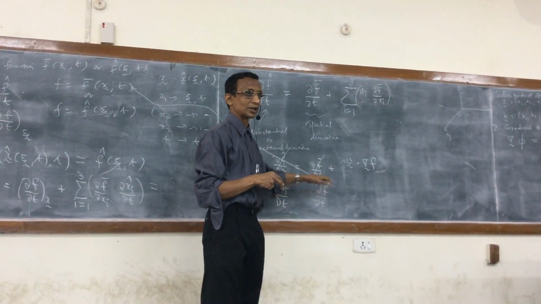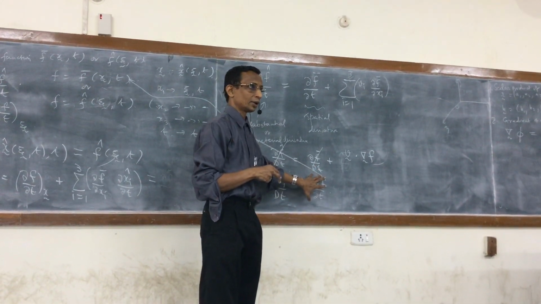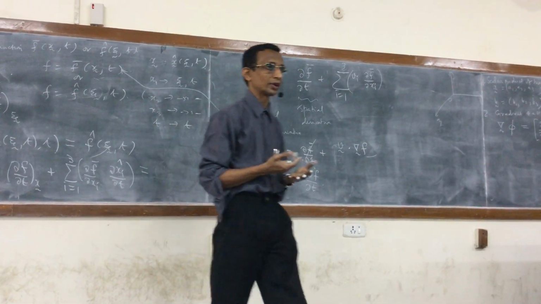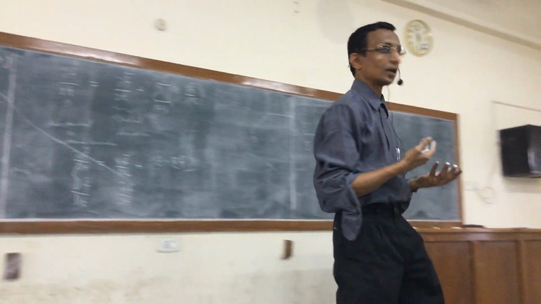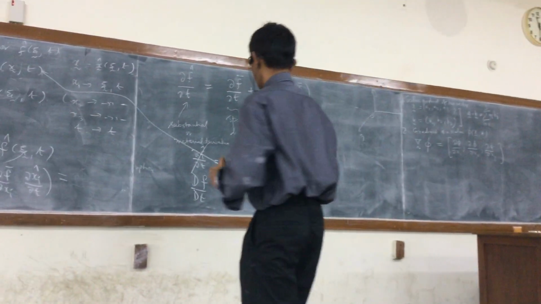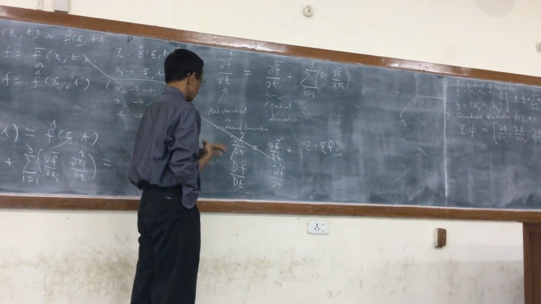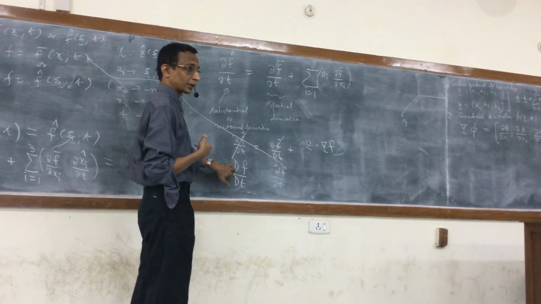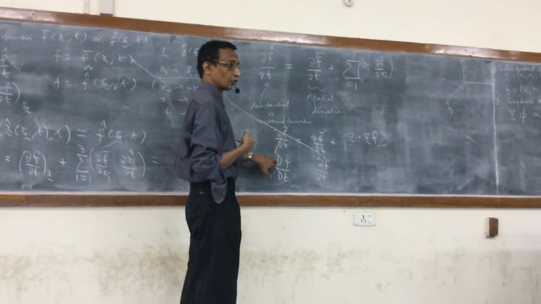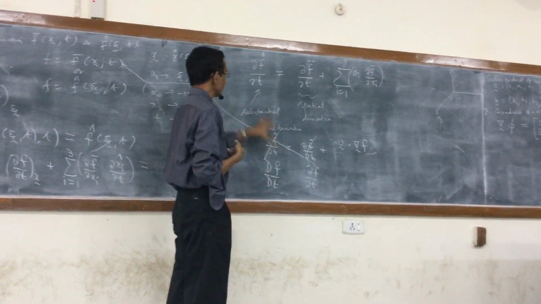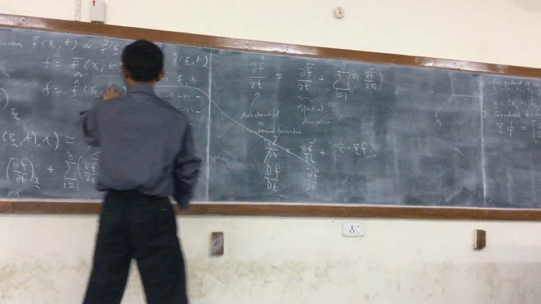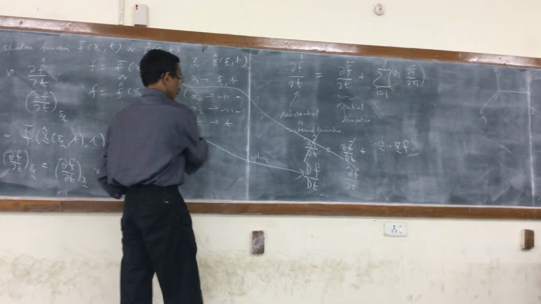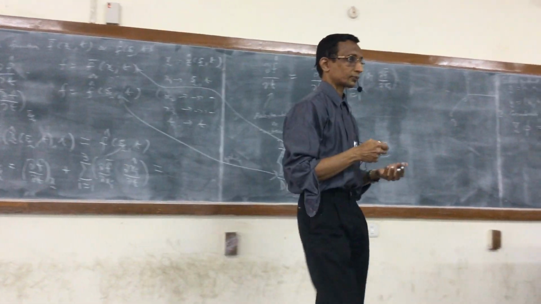But by convention, the spatial one is denoted with the usual partial derivative and a new symbol is introduced for the substantial or material derivative, or whatever other terms are used, with respect to time. So whenever I write this, it means that I am referring to this representation that is to be understood.